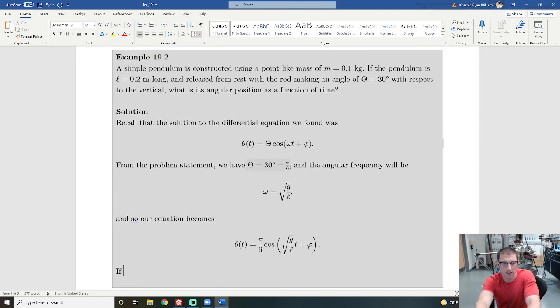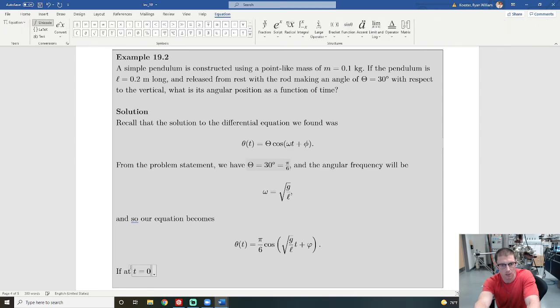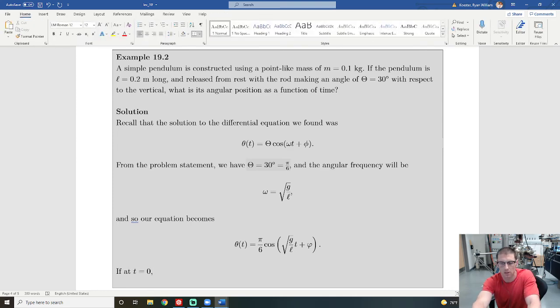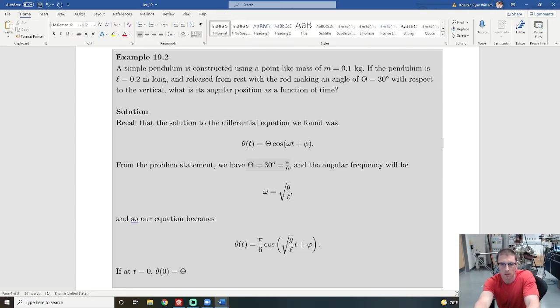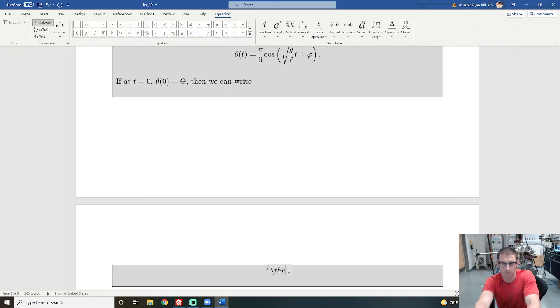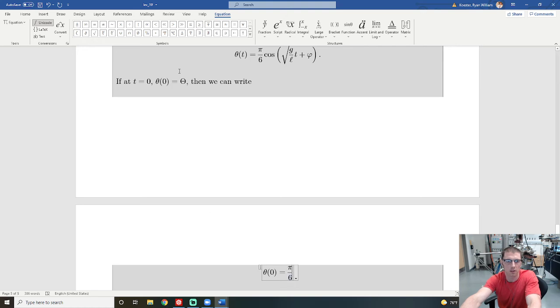We would say that at t equals 0, theta of 0 equals big theta, right? Then we can write theta of 0 equals pi over 6, and remember that this is pi over 6.